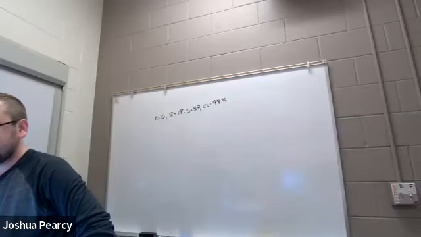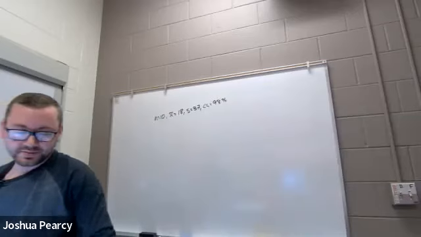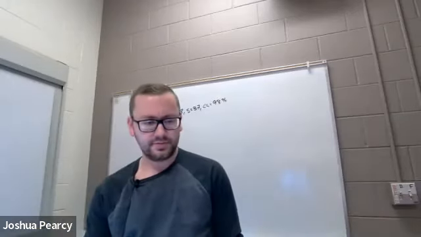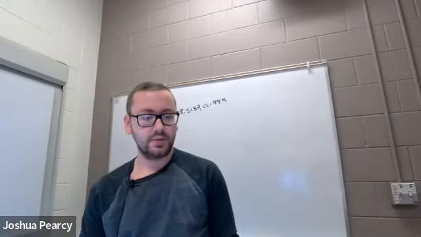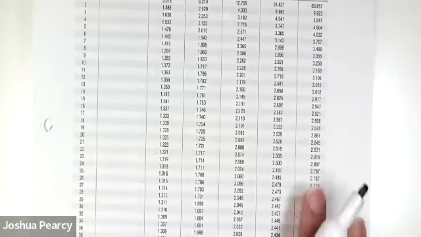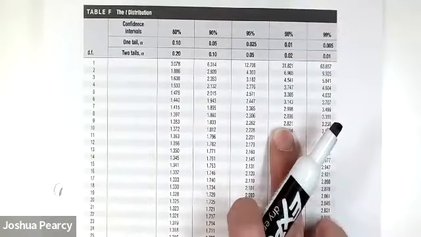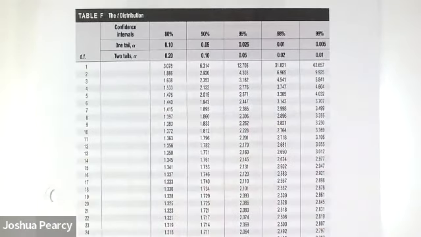Anyone? 98% confidence, intersect it with 9 degrees of freedom, 2.821. This implies that T alpha over 2 is equal to 2.821.